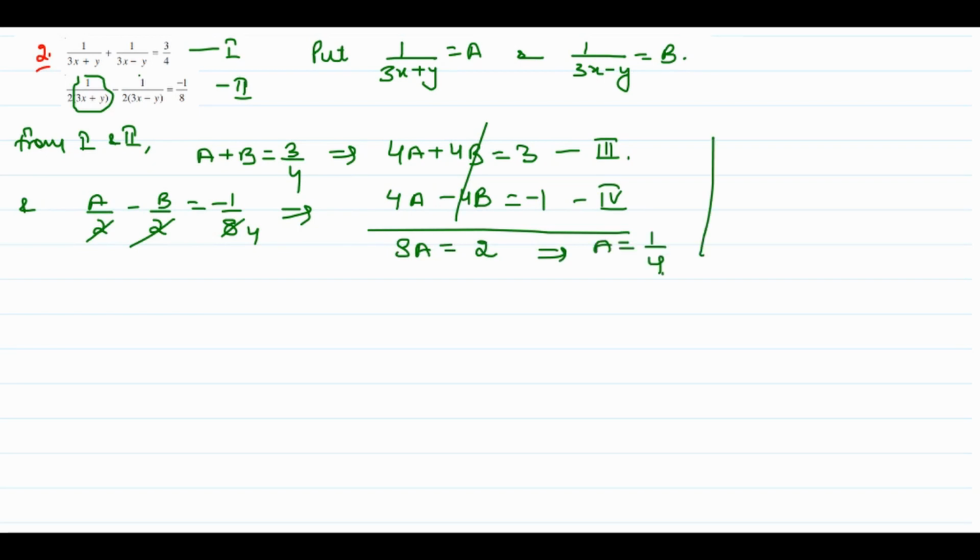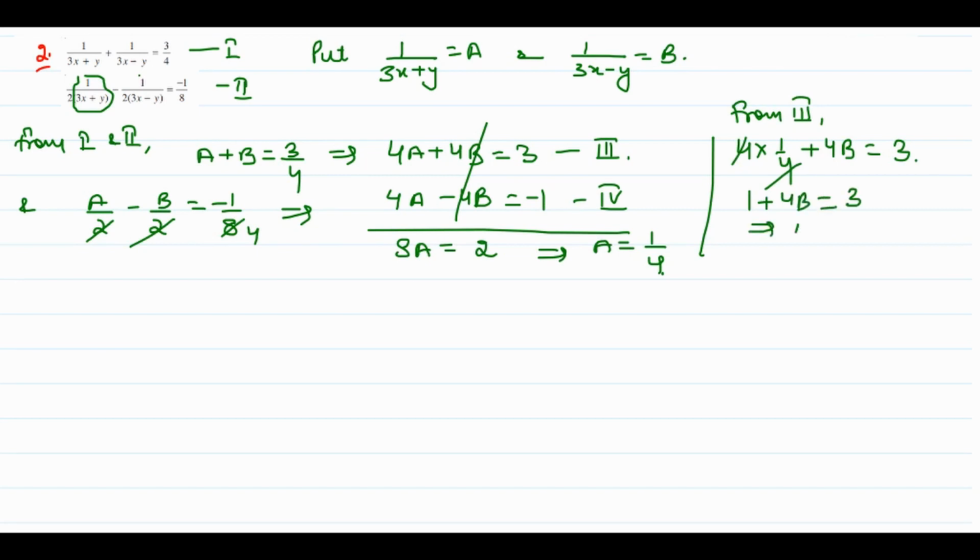And the second one, if I take 4 into 1 by 4, I have taken from 3, 1 plus 4b is equal to 3. So we'll have this cancelled. So 1 plus 4b is equal to 3.